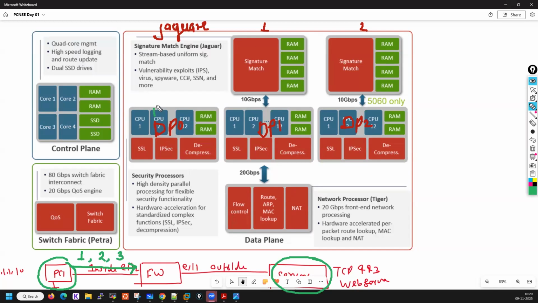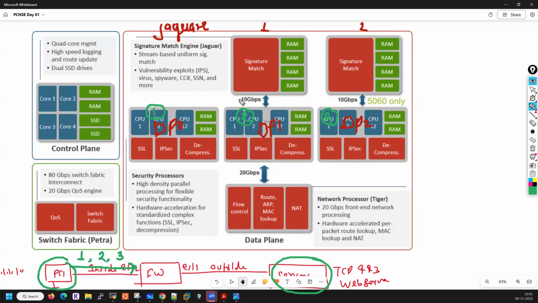First packet processing is happening here, second packet processing is happening here, and third packet processing is happening here. So it's parallel processing, right? All my 3 packets get processed in parallel by the Palo Alto Firewall. Are you able to see that parallel processing is happening?